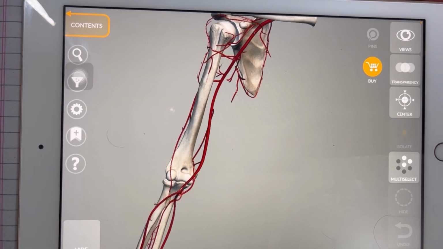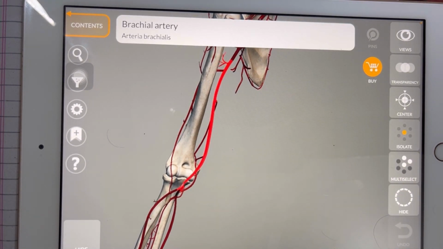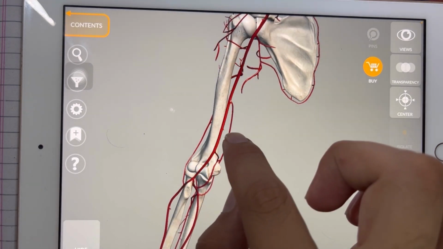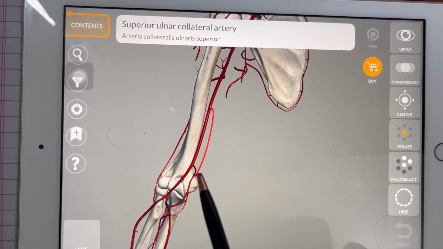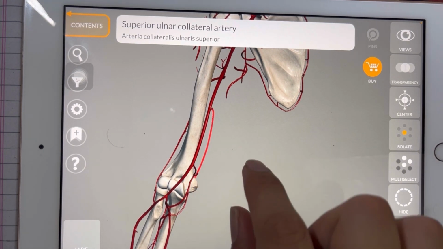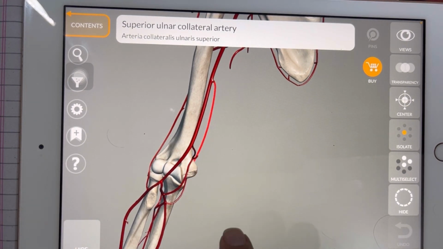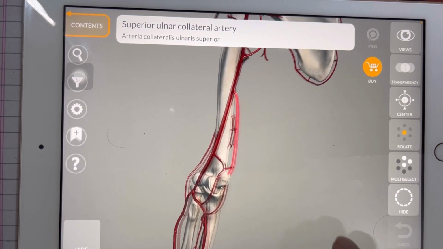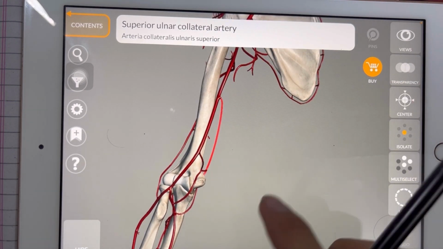Student, now moving toward the blood supply of the brachialis muscle. The brachialis muscle is supplied by the brachial artery and the superior ulnar collateral artery. This highlighted artery is the superior ulnar collateral artery, which also arises from the brachial artery and moves posteriorly at the medial side of the ulnar bone.